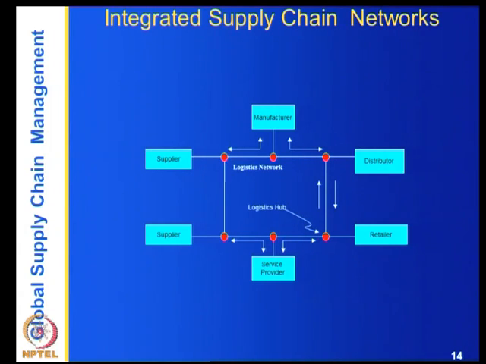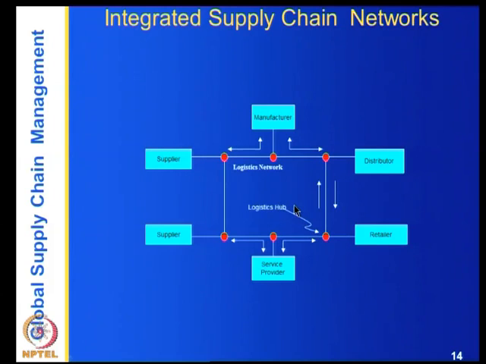And the red dots that I am showing here, these are called hubs. You know, there are places like, for example, in India, it is Bombay or Chennai, or it could be Singapore, Hong Kong, or Notre Dame. These are all ports or supply hubs, or there could be air hubs, or there could be train hubs.